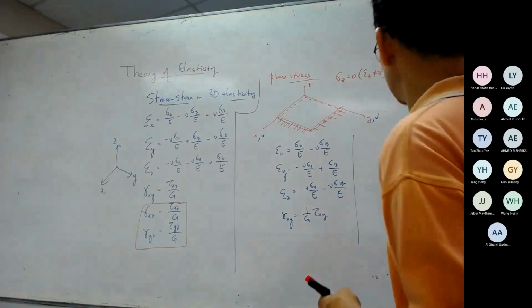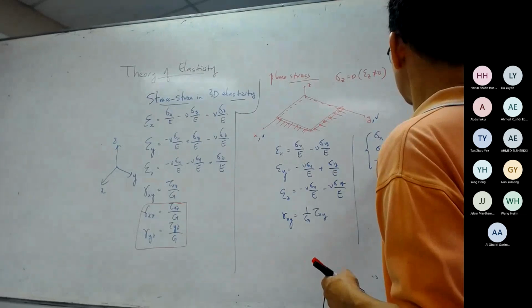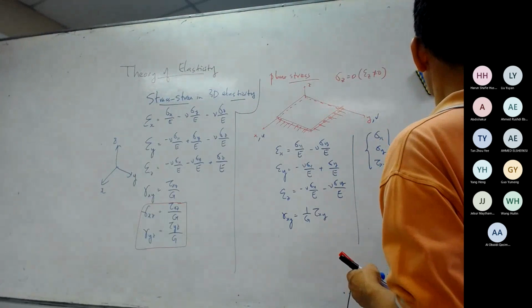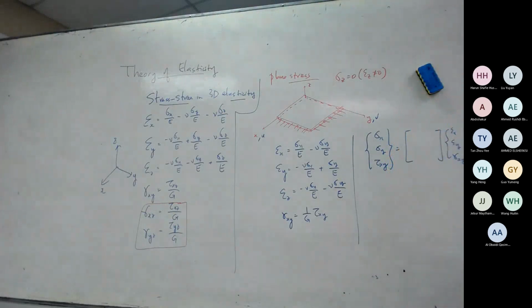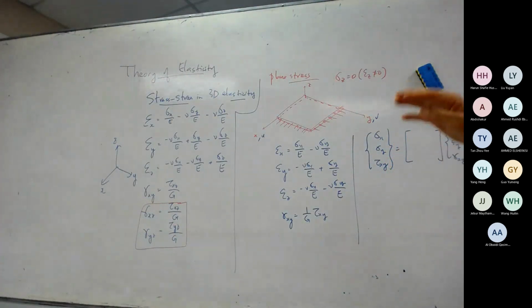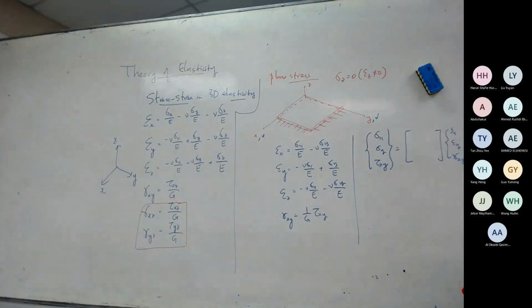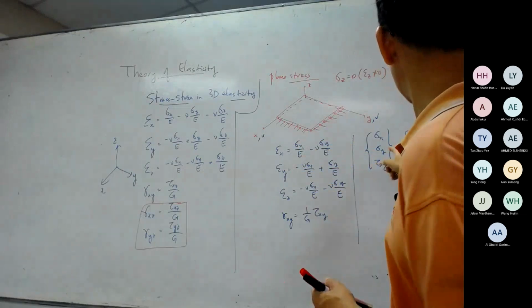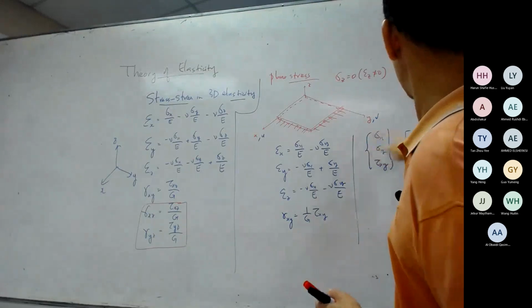Now, if we want to relate these, we need to solve these two equations in order to get the relations between sigma x, sigma y, and epsilon x and epsilon y.